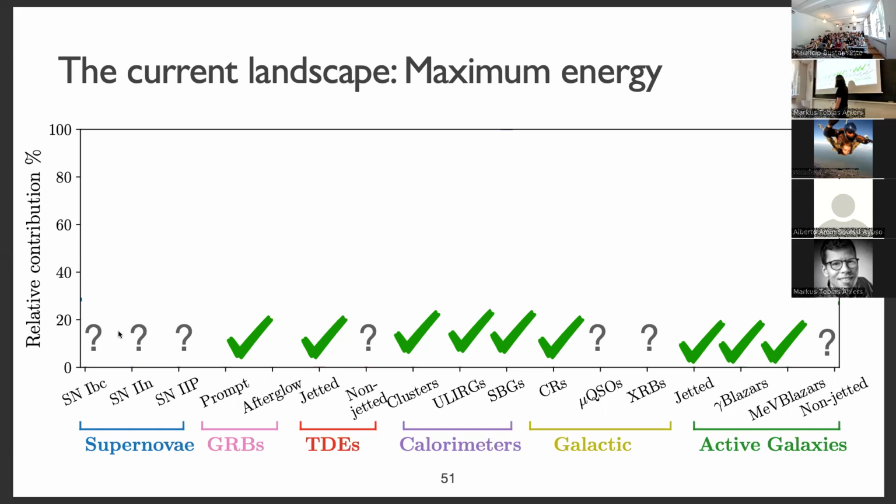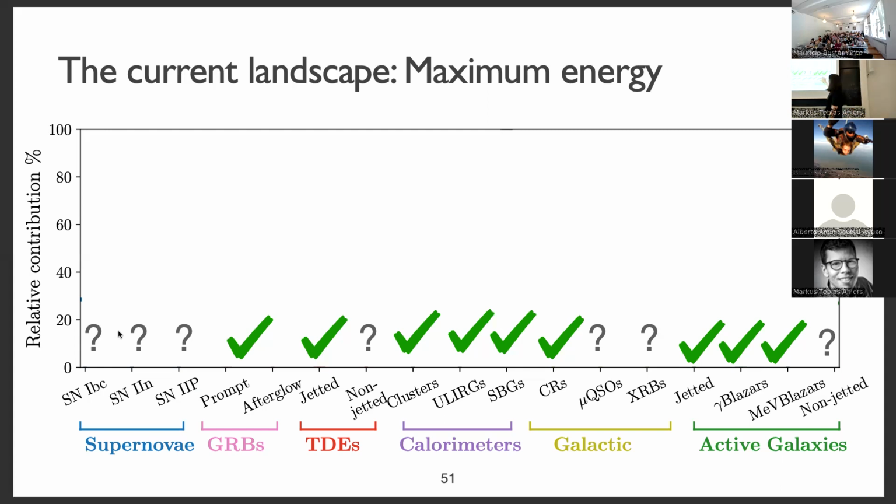calorimetric environments, which are clusters of galaxies, starburst galaxies, ultraluminous infrared galaxies, tidal disruption events, GRBs, and supernovae, which I didn't discuss much, but they could also produce high energy neutrinos. So the first requirement is that they should be able to accelerate sufficiently high energy particles.